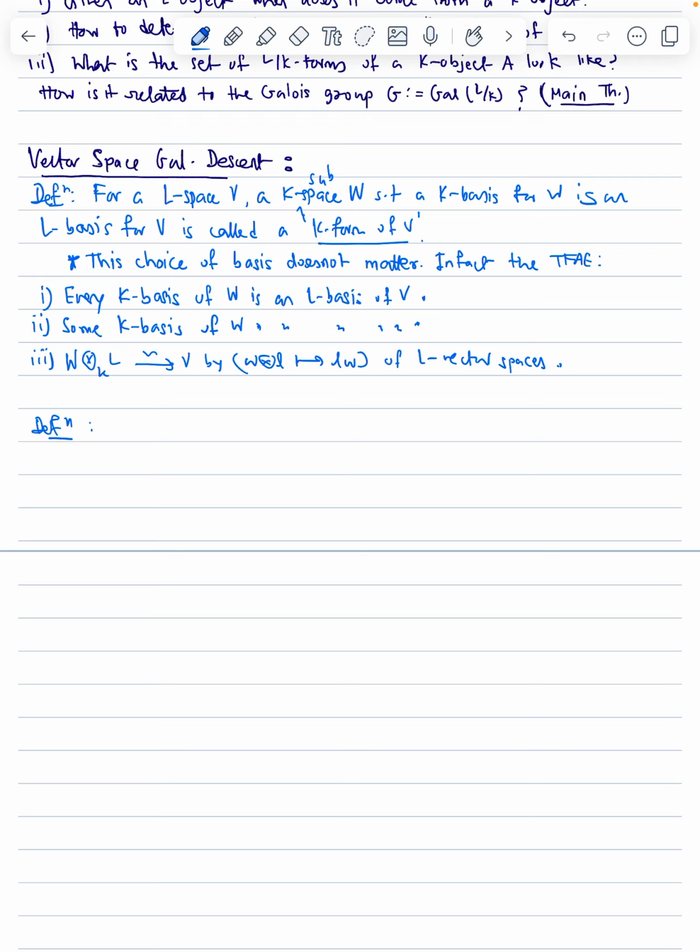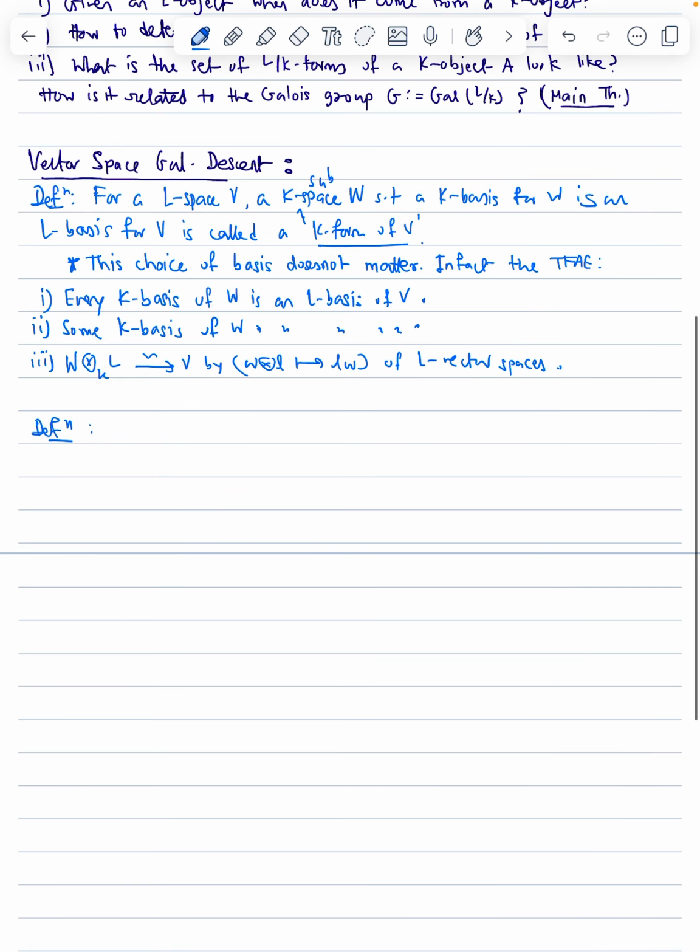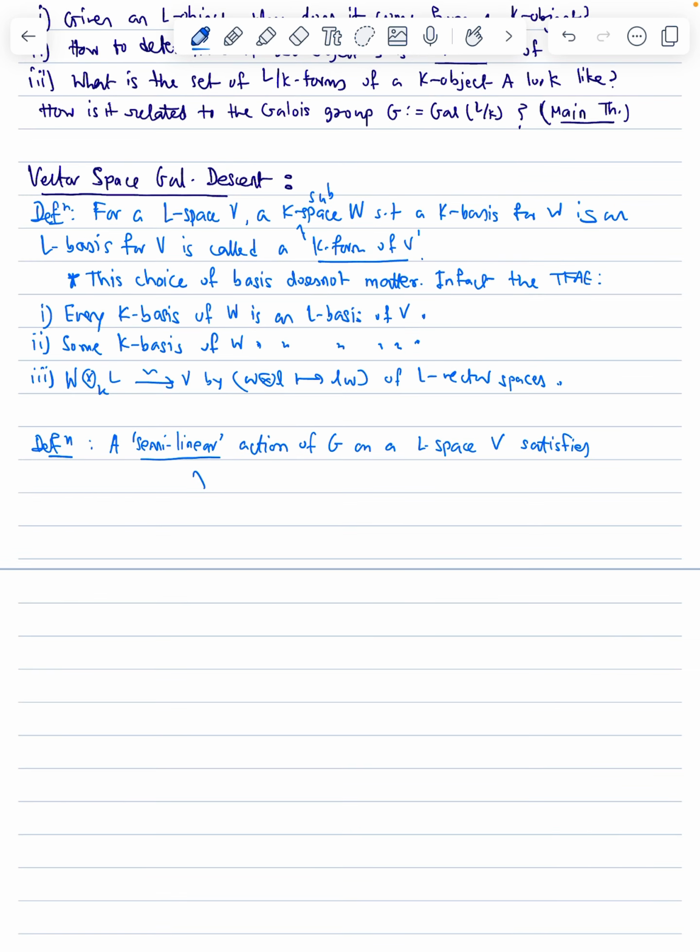So you have, as I said, a finite Galois extension, the Galois group G, and you have an L vector space V. We'll define what's called a semi-linear action of G on an L vector space V. It satisfies: you have any scalar from L, any element from V. So it's an action, so sigma will act on this, and it will have this extra property that it's not linear, so it's not taking the lambda out, but it's just twisting it by a factor of sigma.